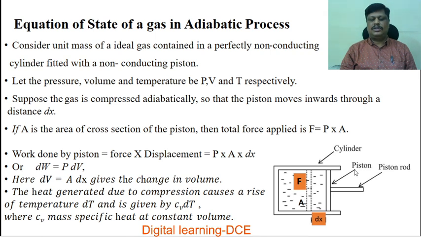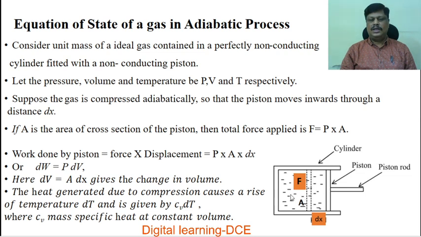So we have to consider a cylinder with non-conducting walls fitted with a piston with non-conducting walls also, because in the adiabatic process heat should not enter or leave the system. Then only the process is called an adiabatic process. That is why we have taken an ideal gas of unit mass enclosed in a cylinder with non-conducting walls and also fitted with a frictionless piston with non-conducting walls.